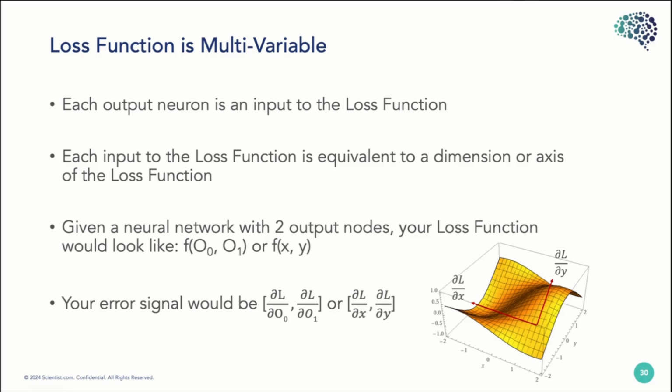Does it get bigger? If it does, you've got a positive partial derivative. If it gets smaller, you've got a negative partial derivative. That means for every change in x, does loss get bigger or smaller? And does it get bigger fast? Does it get smaller slower?